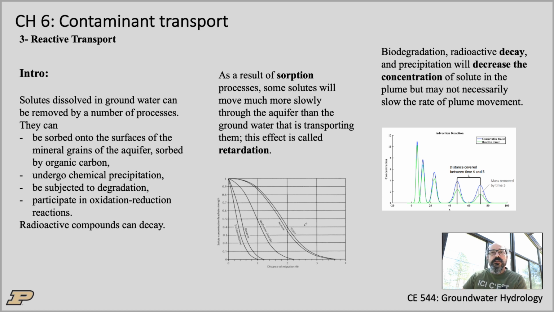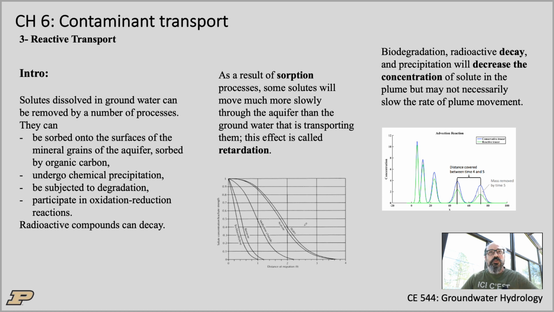So this intro, again, is taken from Feather, essentially, and a lot of the illustrations from today are from Feather per usual. And of course, solids dissolved in groundwater can be removed by a number of processes, right? So the first one, the one we'll see today, is sorption, right?